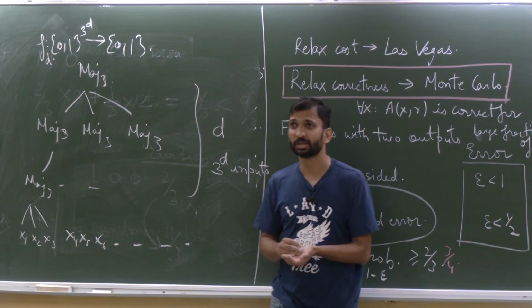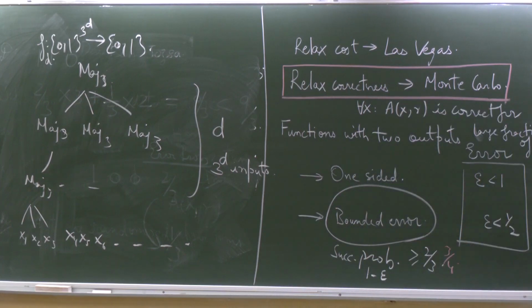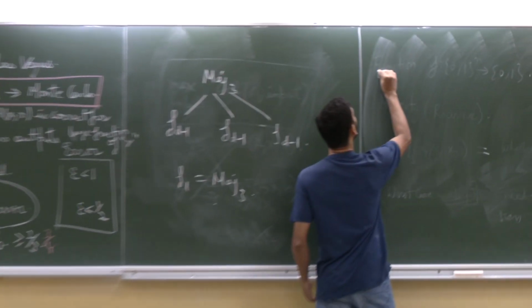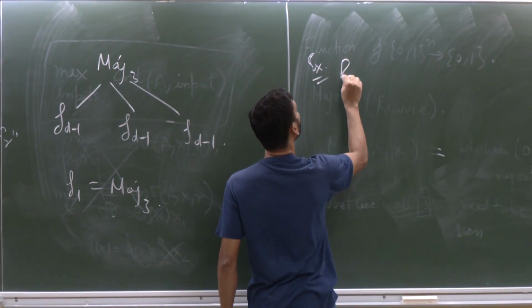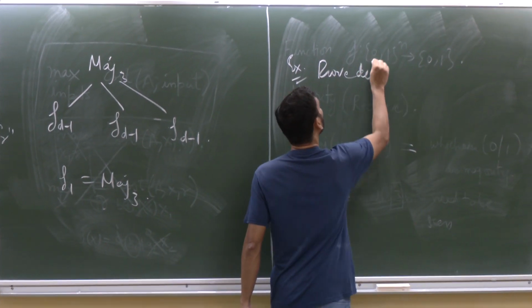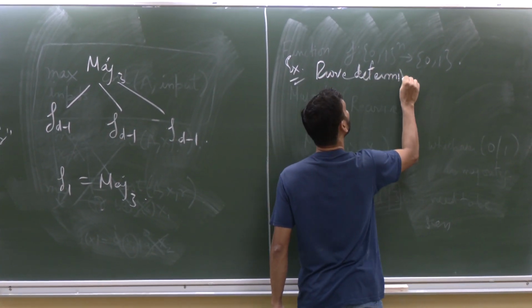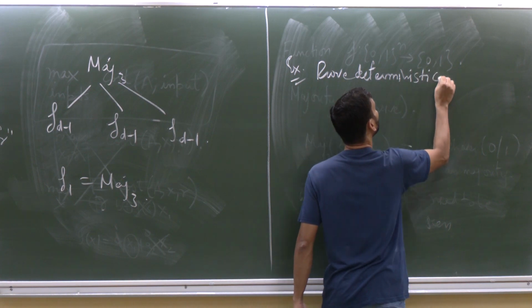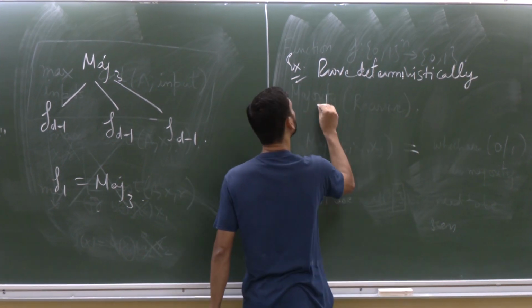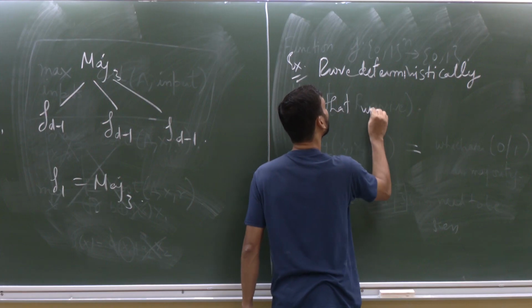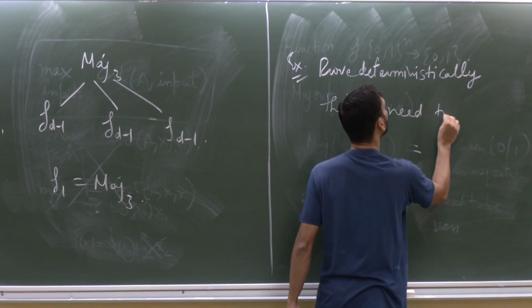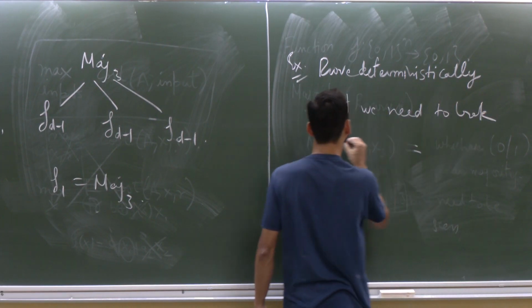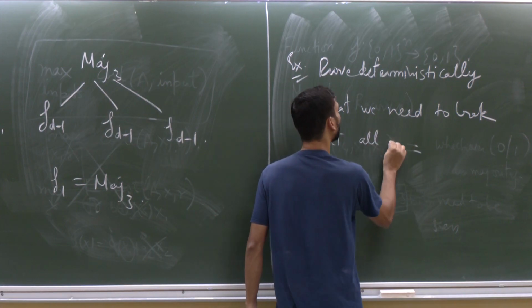Fine. If you understand this, then the first exercise is to prove deterministically that we need to look at all inputs.